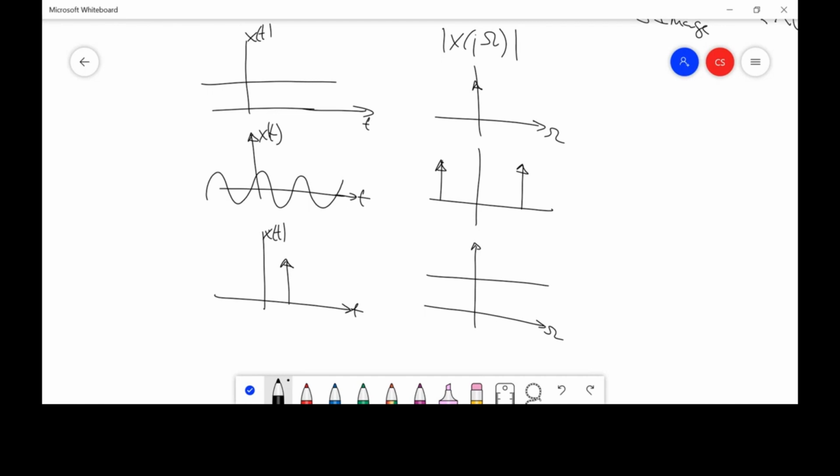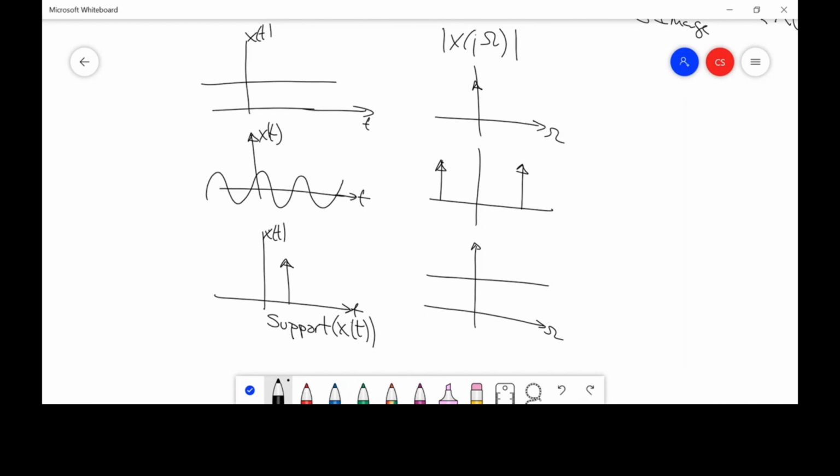On the other side, if my real space is just 1 point, the support, this is called the support of my signal. The support of the signal is the arguments t such that x of t is different from 0. So the support is just a point, then in the Fourier space it is infinitely supported.